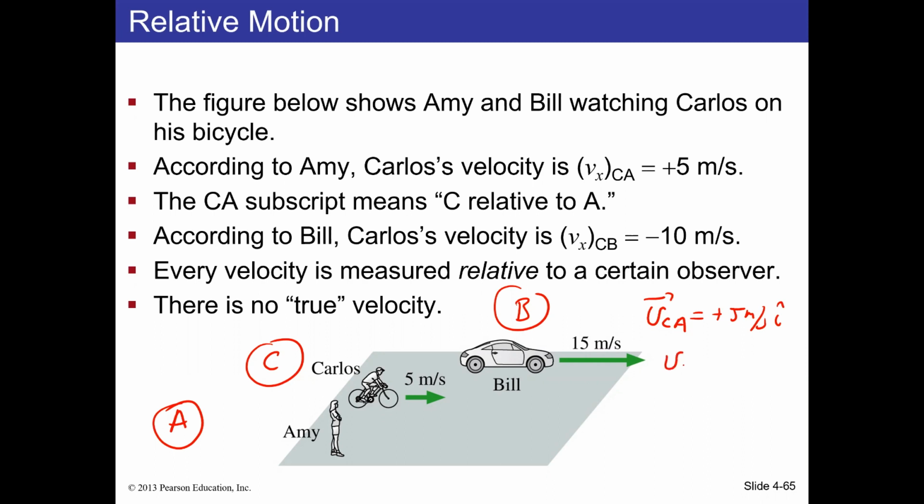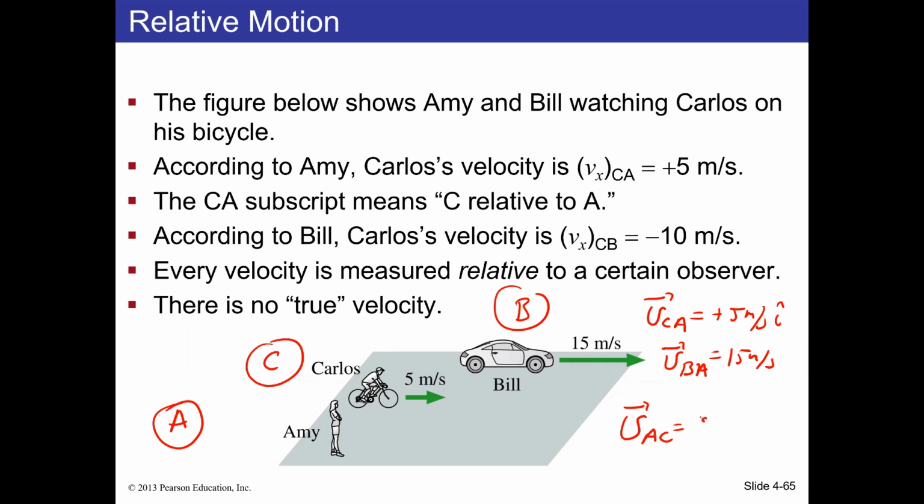In the same way, the velocity of Bill relative to Amy will be 15 meters per second. Now, equally, Carlos and Bill can measure the velocity of Amy, imagining that, well, I'm not moving, she is moving. So they can say that the velocity of Amy relative to Carlos is 5 meters per second in the negative direction, since Carlos is at rest and Amy is moving.